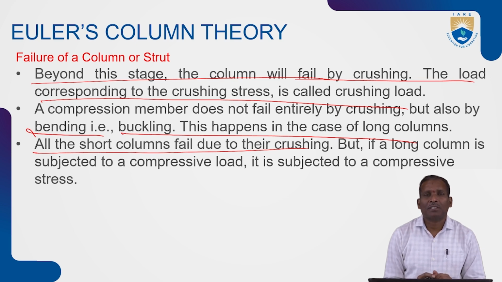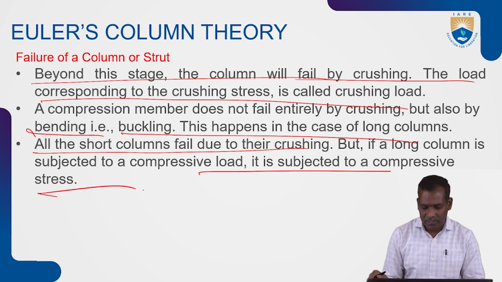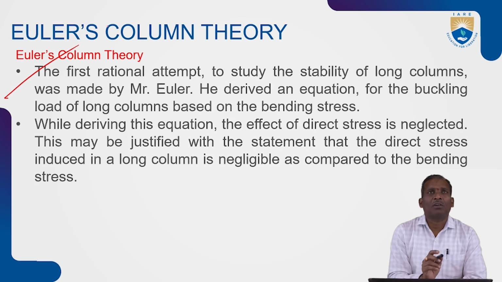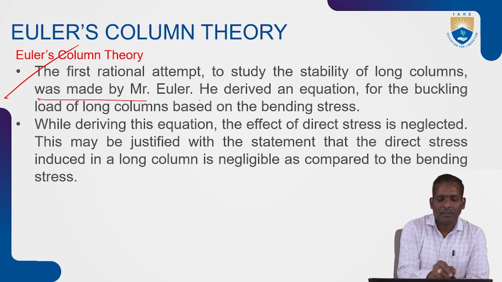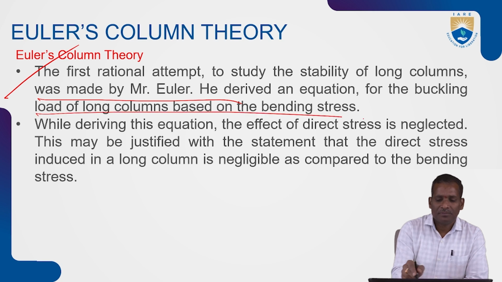So long columns are subjected to compressive load, and it is subjected to compressive stress. According to Euler's column theory, the first rational attempt to study the stability of long columns was made by Mr. Euler. He derived an equation for the buckling load of long columns based on the bending stress.